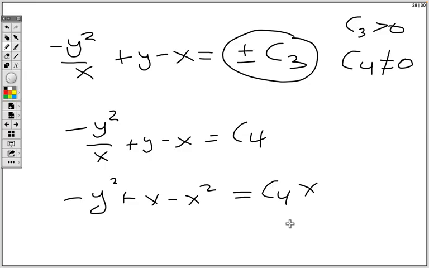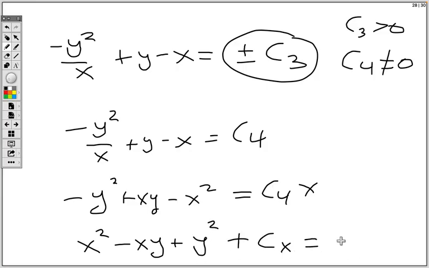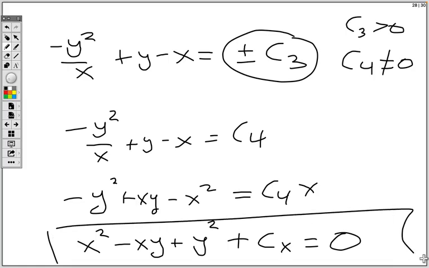And then you could multiply everything through by a negative 1, and you could write it that way. This is a one parameter implicit family just as much as the other one is. You follow? So it's up to you.